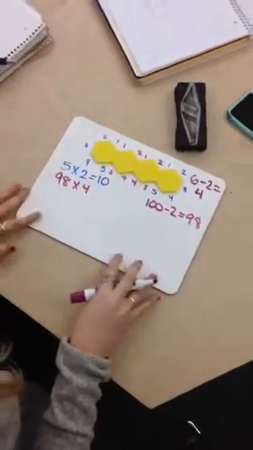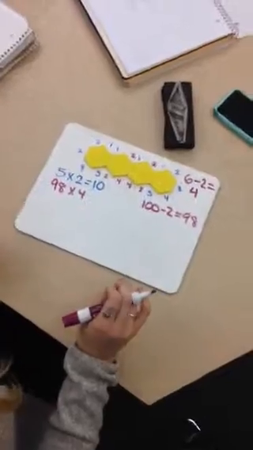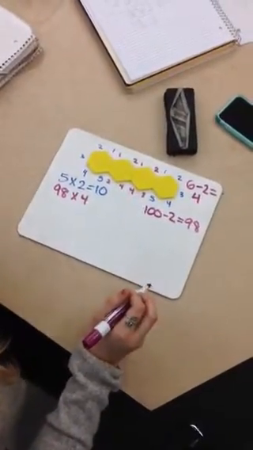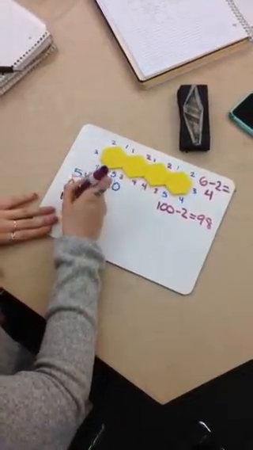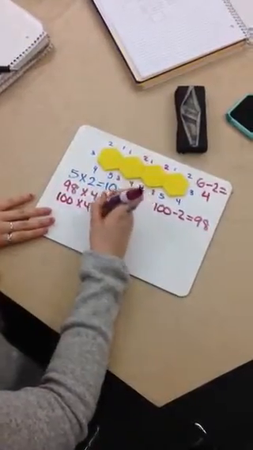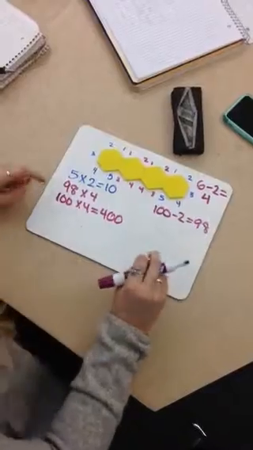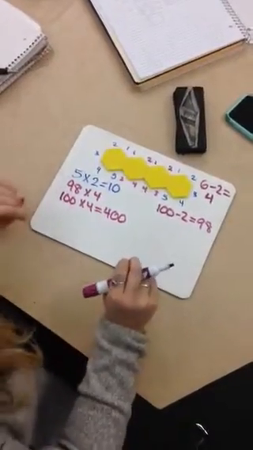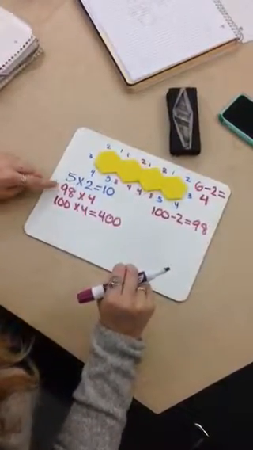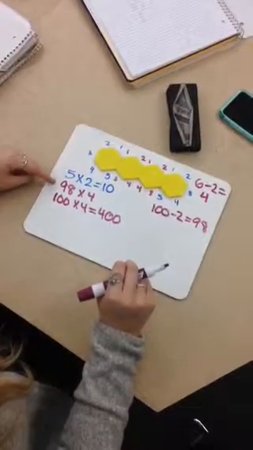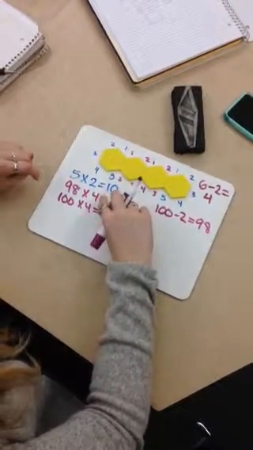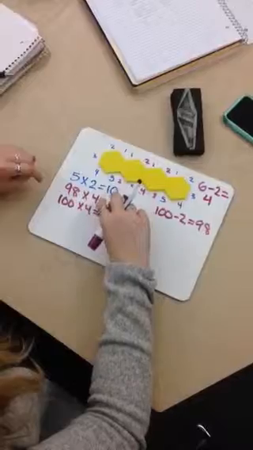But that's kind of a tricky number. I don't know what 98 times 4 is, so I'm going to make it friendly. I'm going to round up to 100 and do 100 times 4, which is nice and easy. That equals 400. And since 98 is 2 less than 100, I need to subtract 2 from each of the groups of 98.